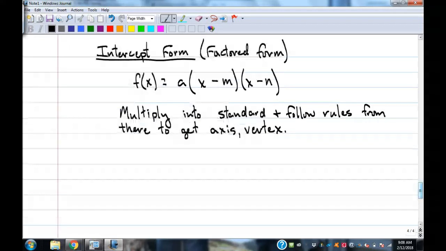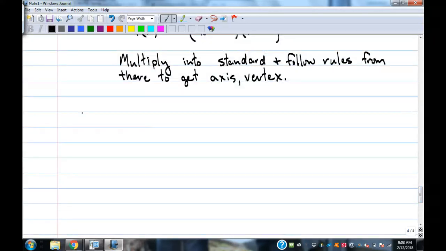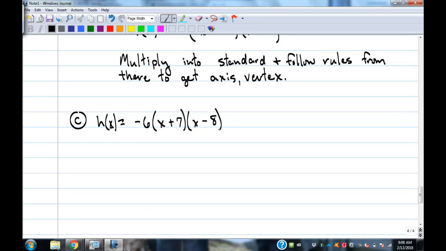Let's look at an example that's in intercept form. Example C. H of x equals negative 6, x plus 7, x minus 8. Original with my numbers 6, 7, and 8.